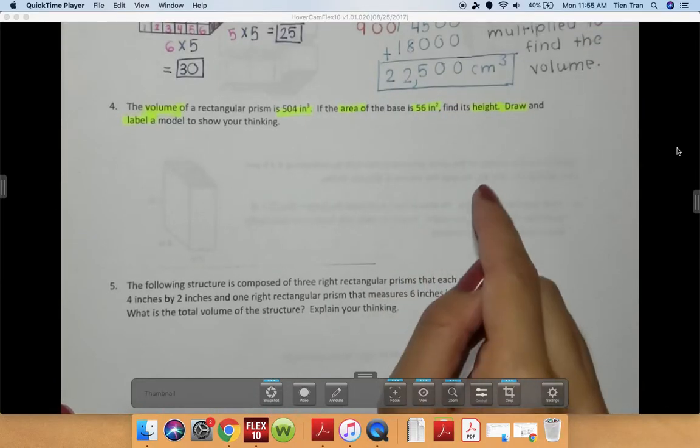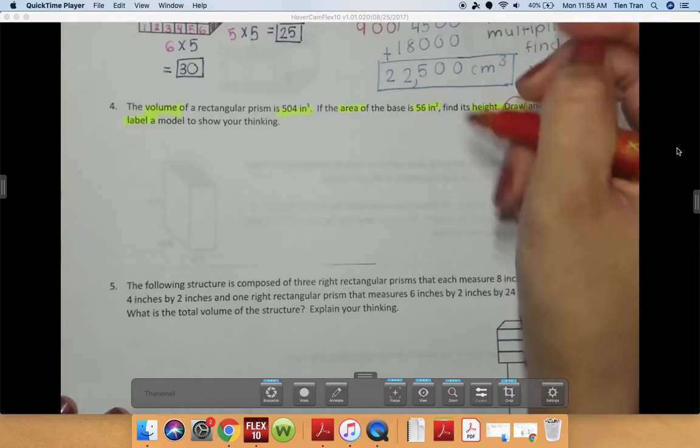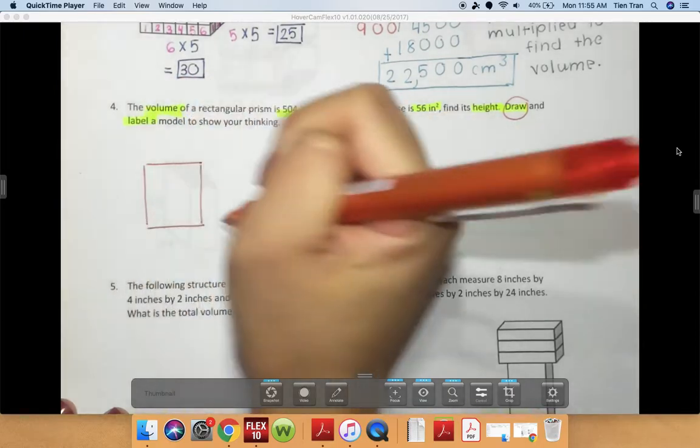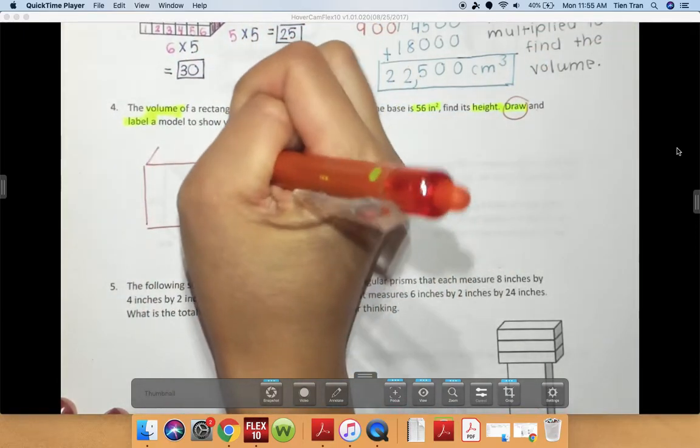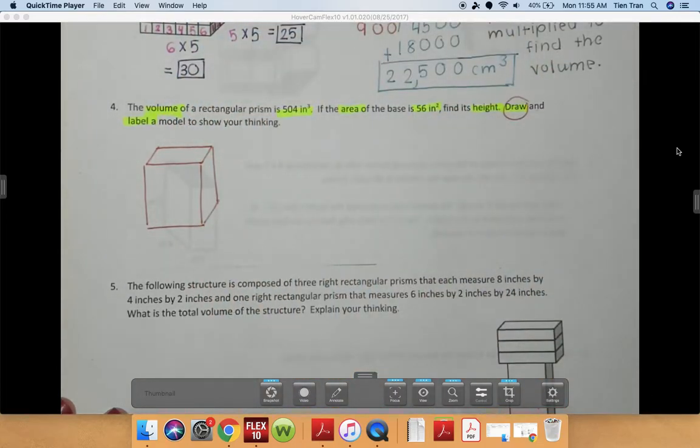So I need to make sure I draw because it asked me to draw, so I am going to draw. So right here, I'm going to draw. And I am going to make sure it looks pretty similar to what they're asking me to do. So, drop my pen.